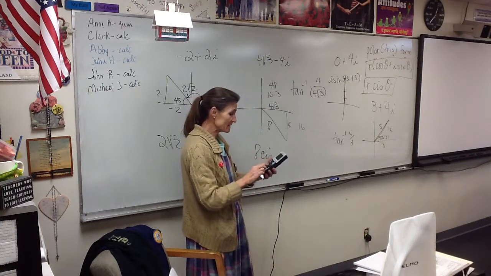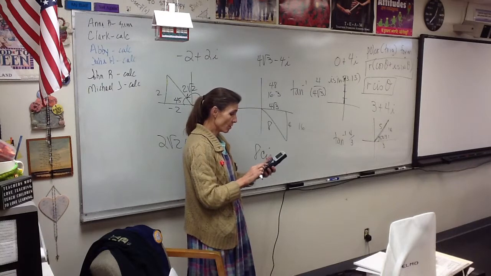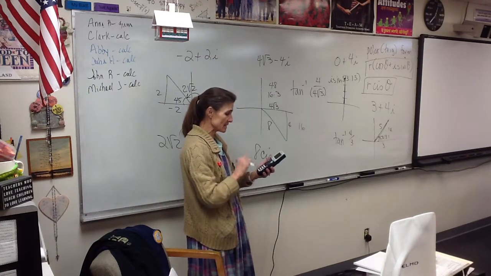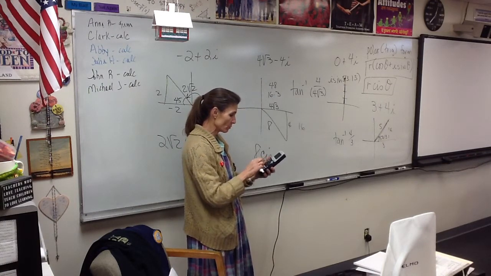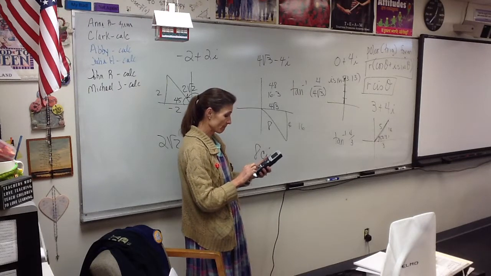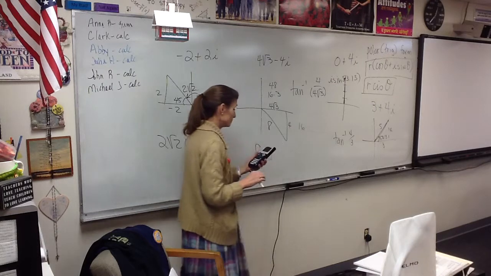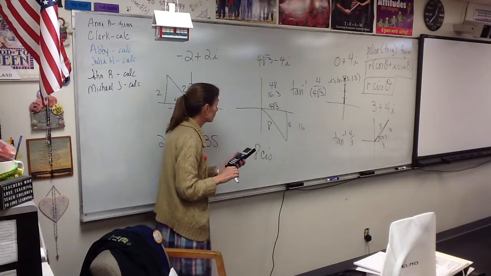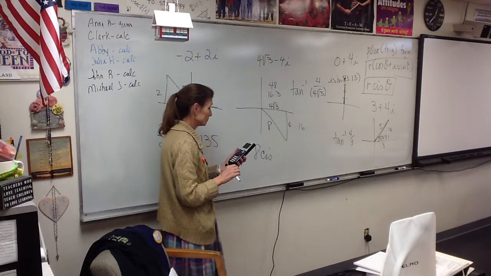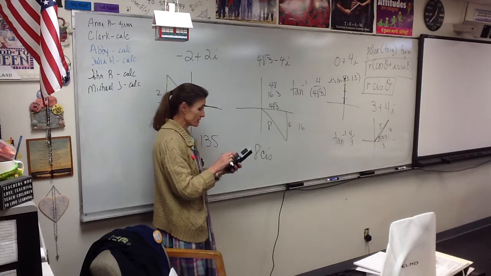So if we take inverse tangent of 4 divided by parentheses, 4 divided by root 3, you get 30 degrees.